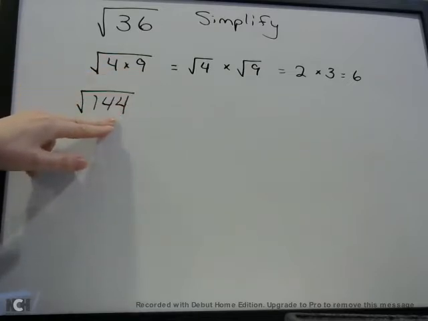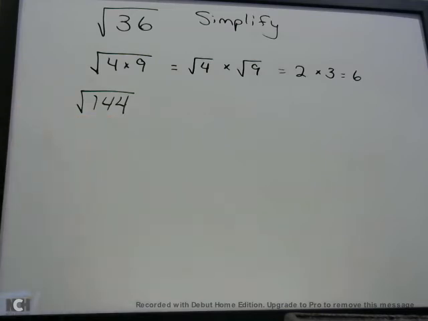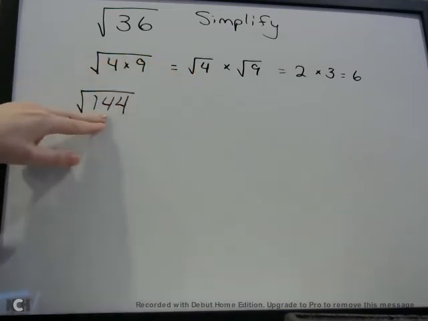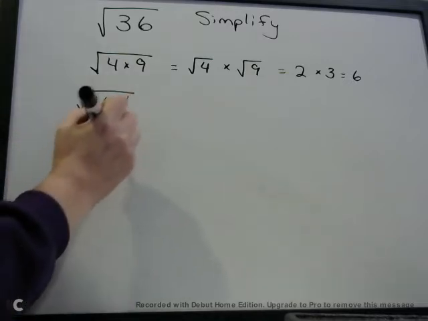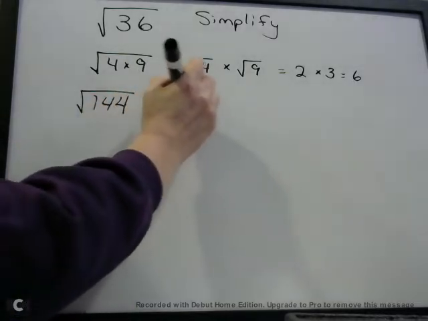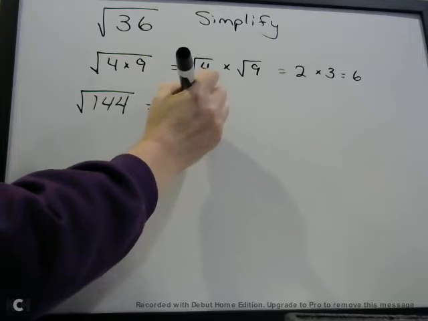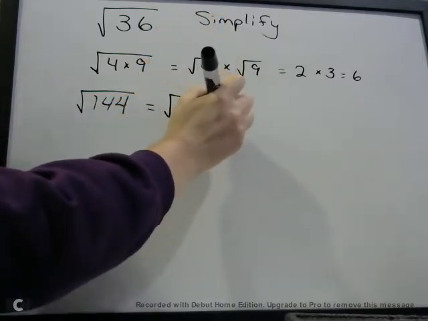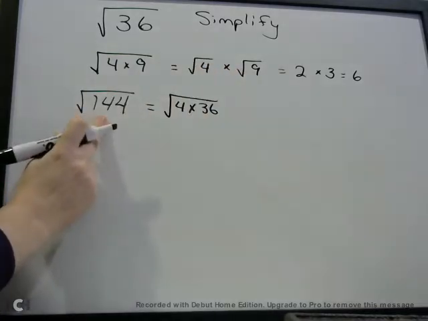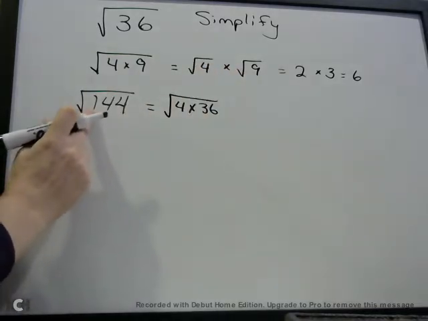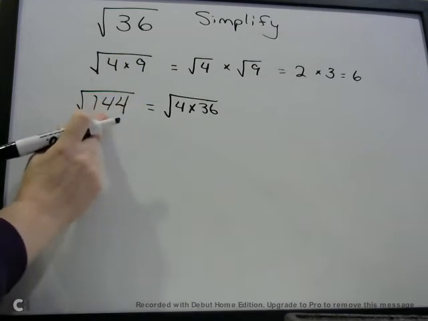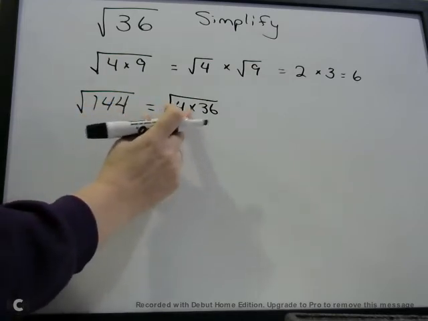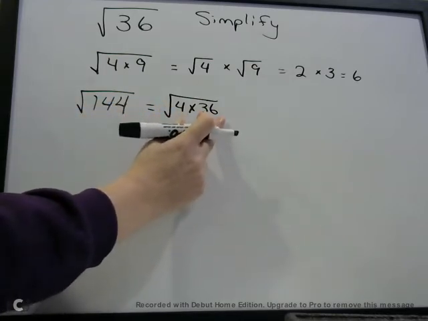If you watch the divisibility video, you'll know that you can divide this by 4. So how we're going to write this is 4 times 36. We know this can be divided by 4, so we divide 4 into 144. So 144 equals 4 times 36.